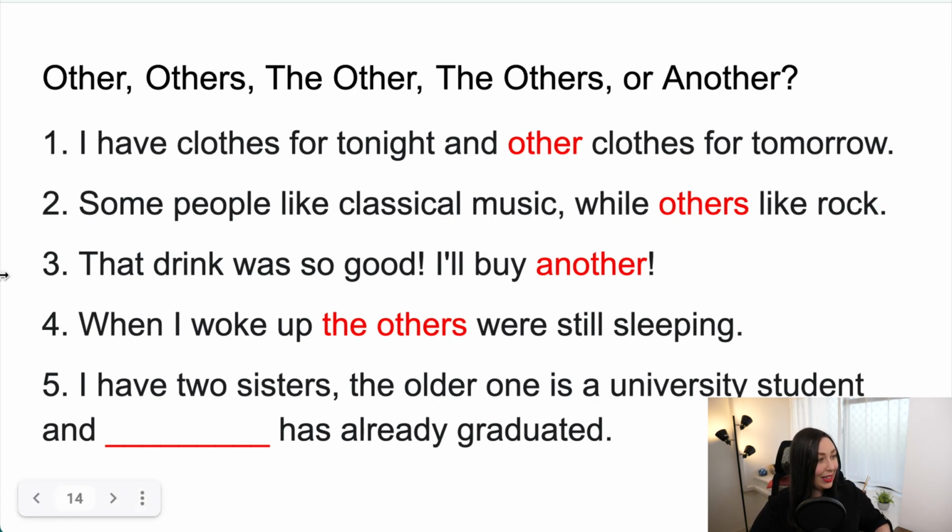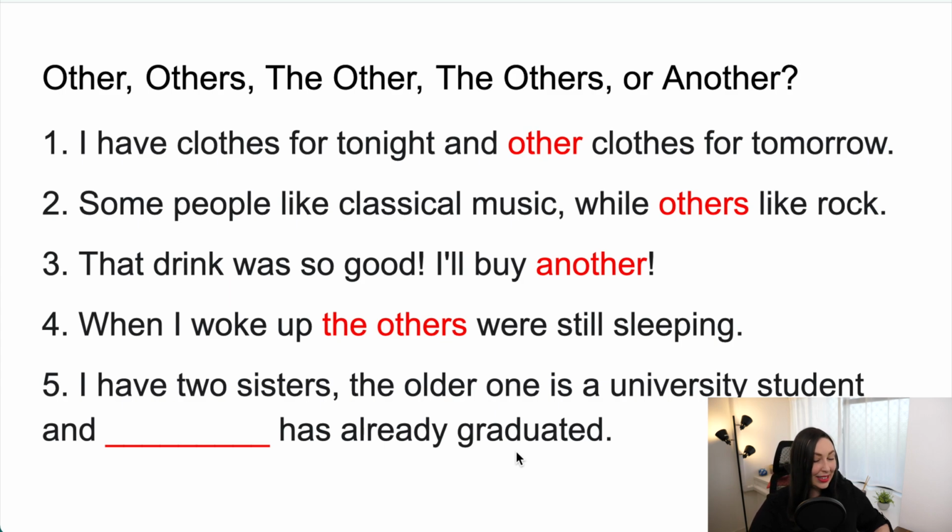Then let's see. I have two sisters. The older one is a university student and has already graduated.